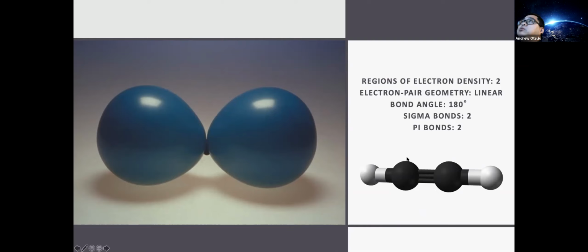For triple bonds, we will have 2 pi bonds because we have a double and then a triple bond. So those electrons form pi bonds and not sigma bonds. So maybe that's a little refresher if you guys kind of forgot. I think they'll talk about it in the activity, so we're just going over this really briefly.